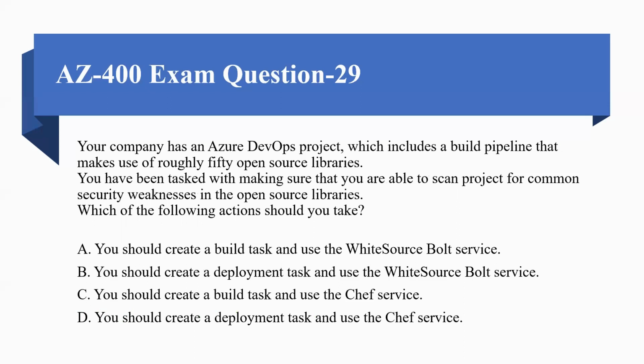Option A, you should create a build task and use the WhiteSource service. Option B, you should create a deployment task and use the WhiteSource service. Option C, you should create a build task and use the Chef service. Option D, you should create a deployment task and use the Chef service. The correct option is option A, you should create a build task and use the WhiteSource service.